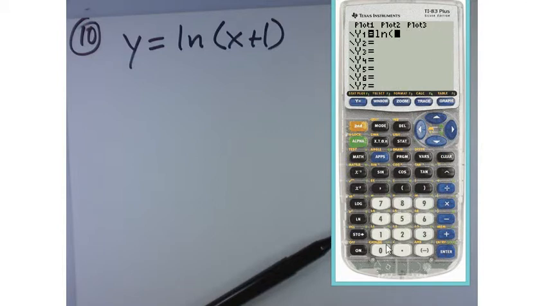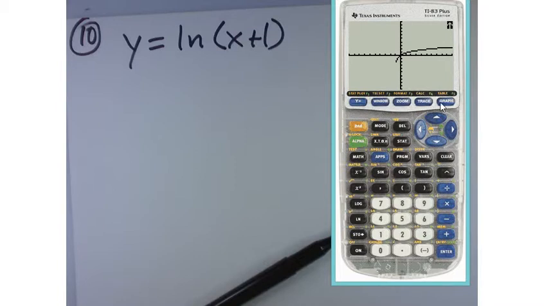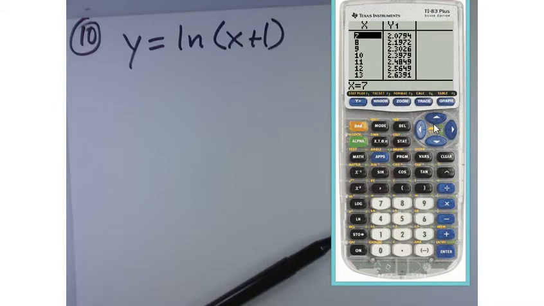So if I were to say the natural log of x plus 1, and I'm just going to look at the graph. It looks like it stops here. I could also look at the table of values and see what's going on. Undefined, undefined, undefined.